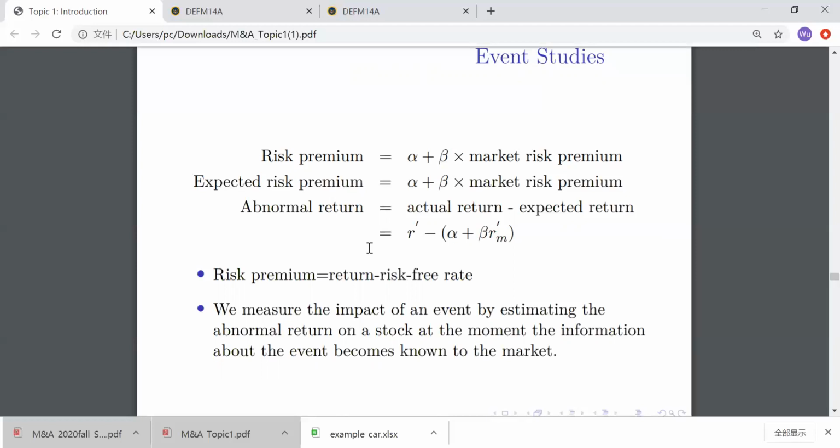And basically, we measure the impact of an event. The event here is a merger acquisition announcement, right? By estimating the abnormal return on a stock at the moment information about this merger acquisition becomes known to the market, right? So this is typically when the public companies announce that there will be a merger acquisition coming up, right?